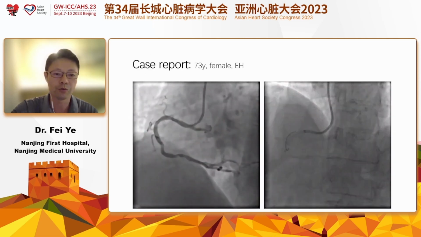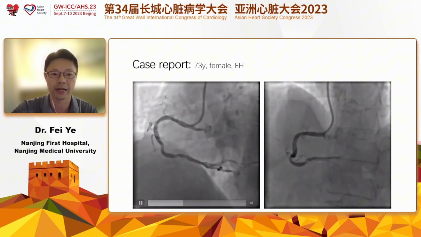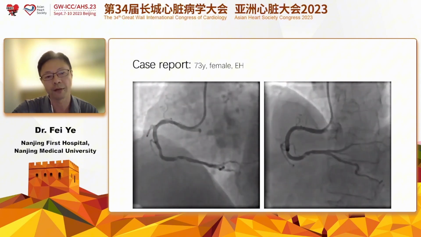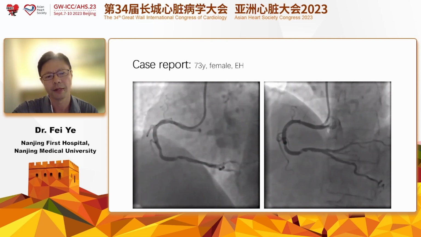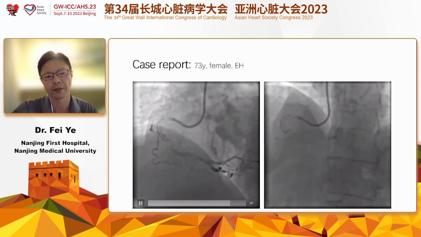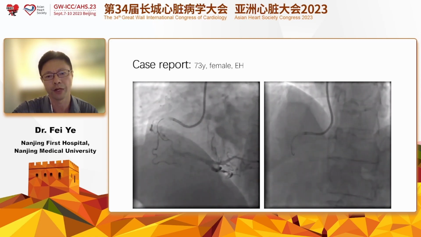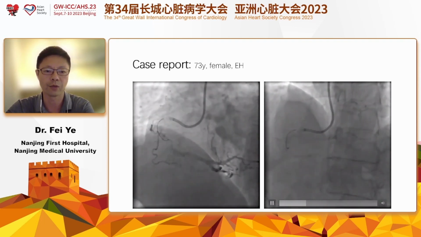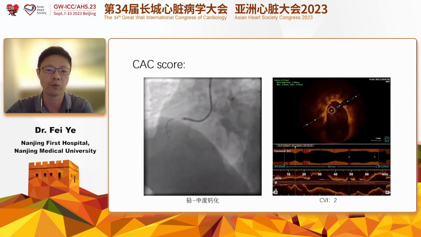So we show you a case. This is our case from 1 year ago. The patient had ACS, and on the angiogram we found a mild calcification lesion located at the distal part of the RCA, seen in both axial and cranial views. Even though the LAD was totally occluded, it was too small, so we didn't need to open it.